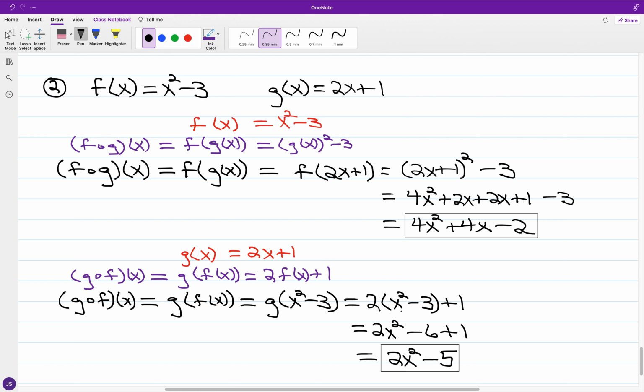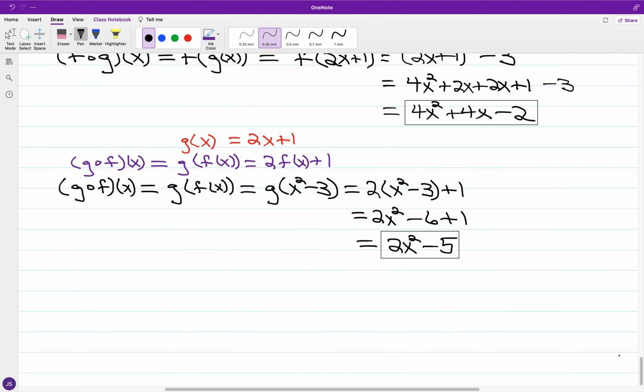Now, just looking at what we have concerning the composition of functions, here's a case of working with the determination of f composed with g of x and g composed with f of x.